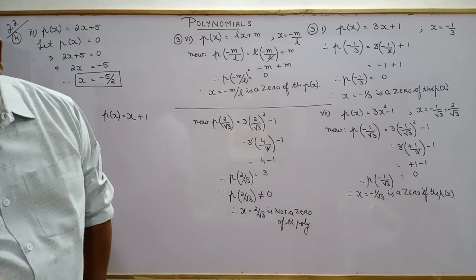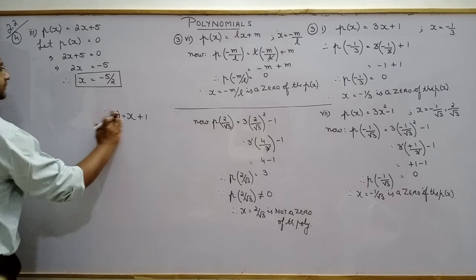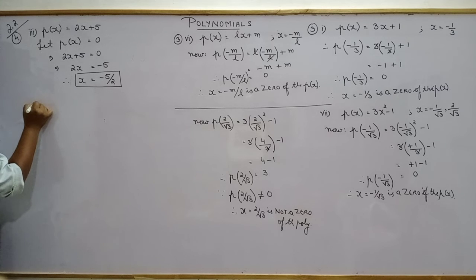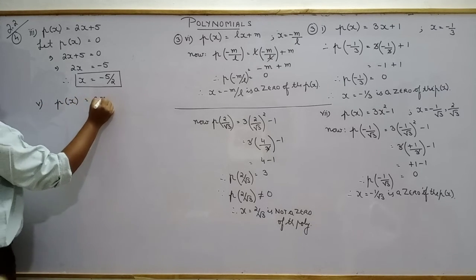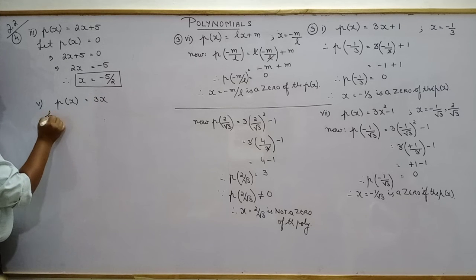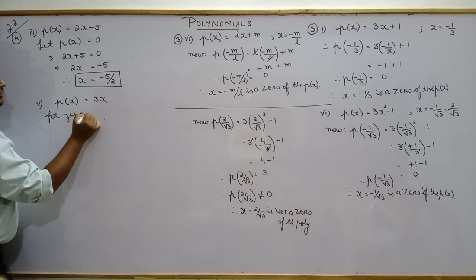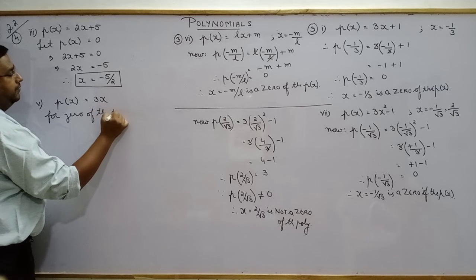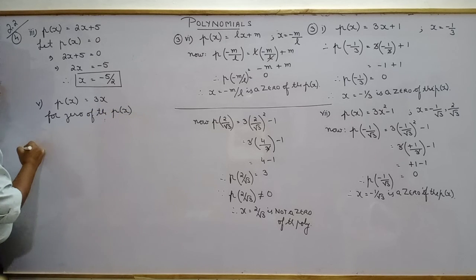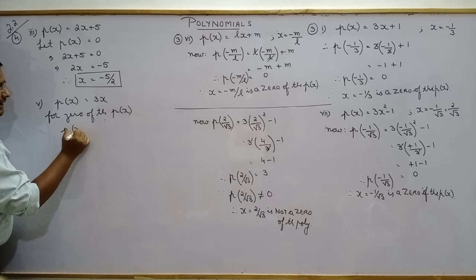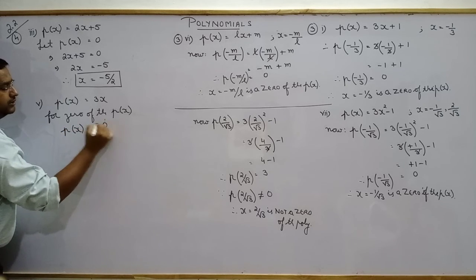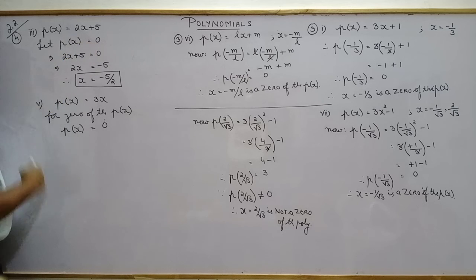If I talk about the fifth part, P of x is equal to 3x. So for the 0 of the polynomial, P of x must be equal to what? 0.